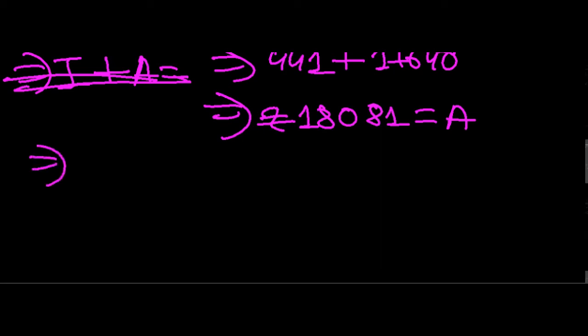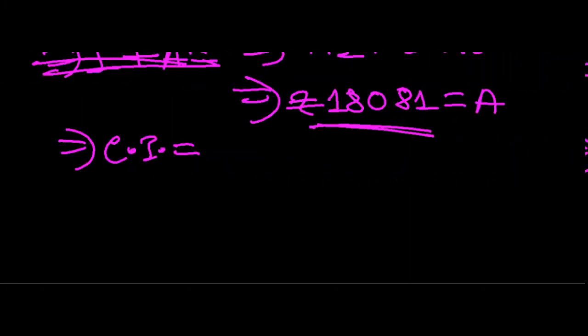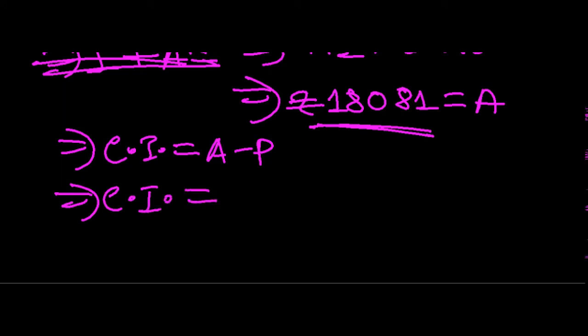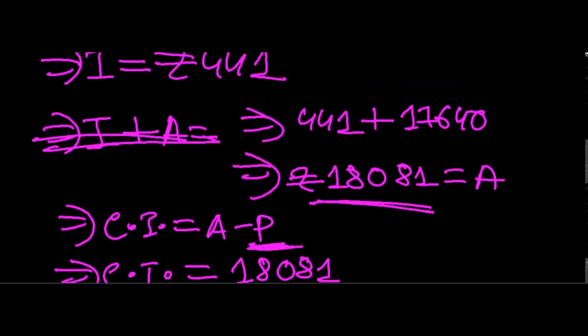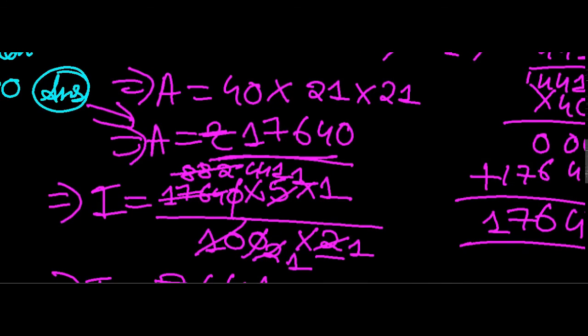So CI, compound interest, is A minus P. CI is equal to amount, which is 18,081 rupees, minus P. Friends, note that this P is not 17,640.